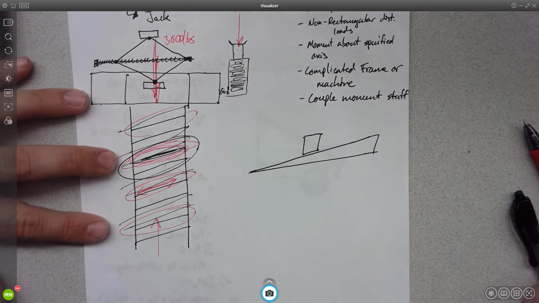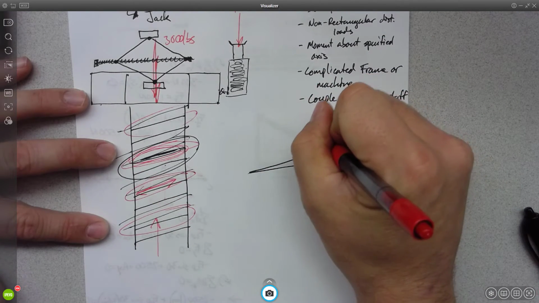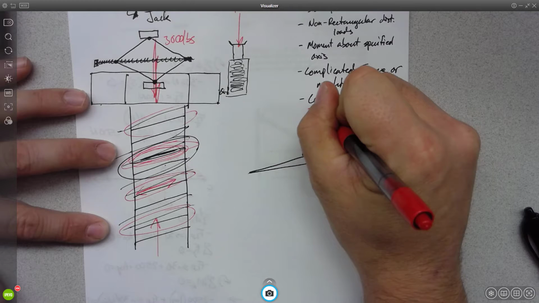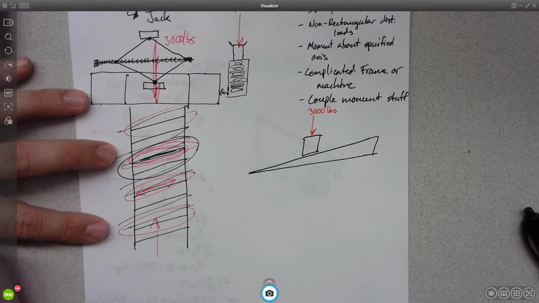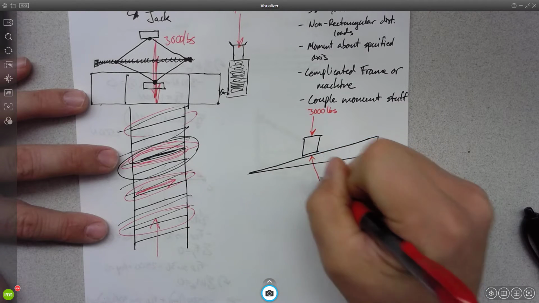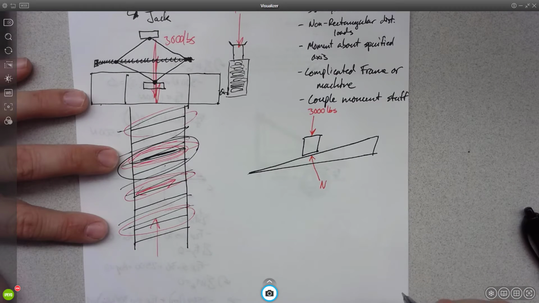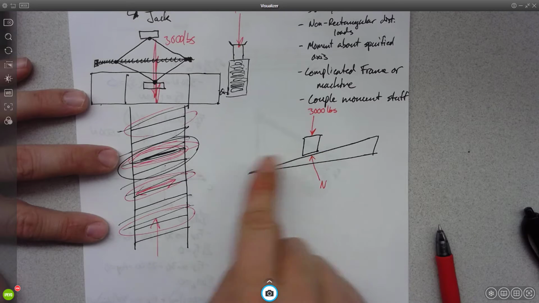Okay. And I could say that I have my 3,000 pounds acting down. We know that we'll have a normal force that's always normal here, right? And now it depends on, am I trying to raise this or lower it?